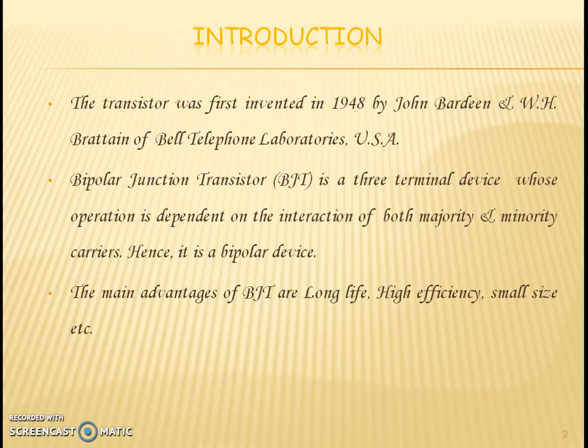Bipolar junction transistor is a three-terminal device whose operation is dependent on the interaction of both majority and minority carriers. Hence, it is known as a bipolar device. The advantages of BJT over other old electronic equipment are long life, efficiency, lightweight, smaller size, smaller power consumption, etc. The transistor is a basic building block of all modern electronic systems.